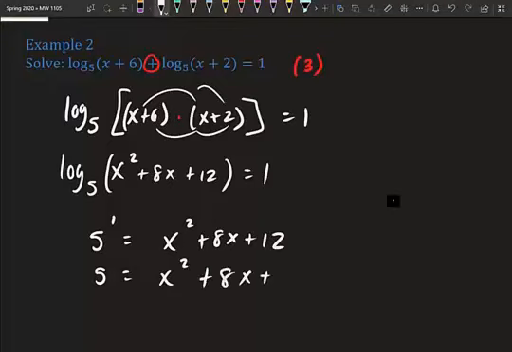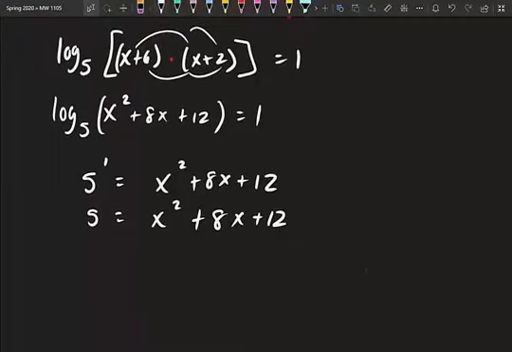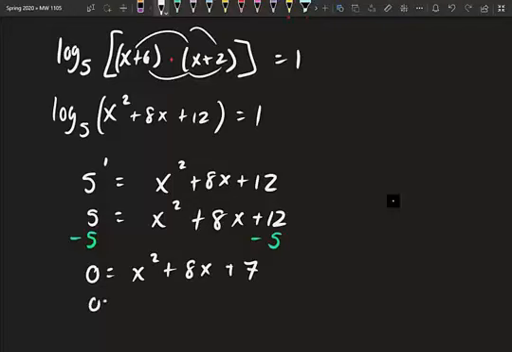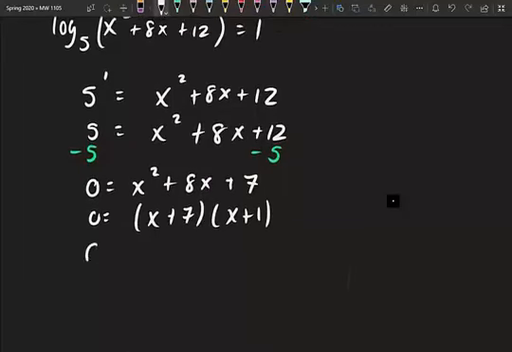And since we have a quadratic, we want this to equal 0. So we're going to subtract 5 from both sides. When we do, we have 0 equals x squared plus 8x plus 7. Now we factor. So we get x plus 7 and x plus 1. We set each factor equal to 0.